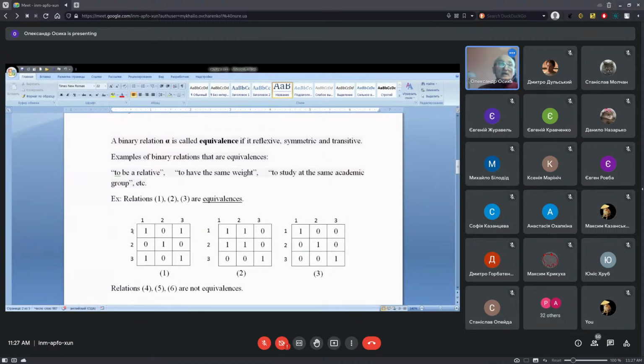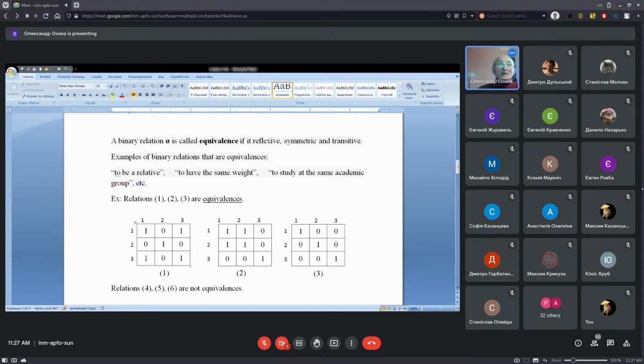And after that, person 1 is a relative to himself or herself. Yes, of course. Person 2, for the same reason. Person 3, for the same reason. The main diagonal is filled with unities. That's why it is reflexive. After that, 3 to 1.